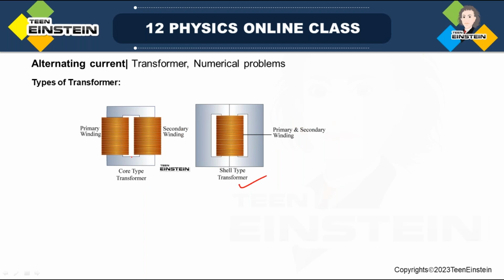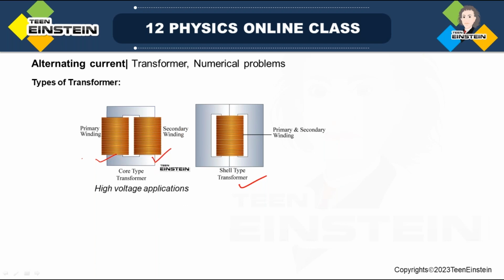See, this is called core type. There are two different arms where the secondary and primary windings are given. Primary windings are given on this arm, and secondary windings are made on the other arm. So this is actually called core type.